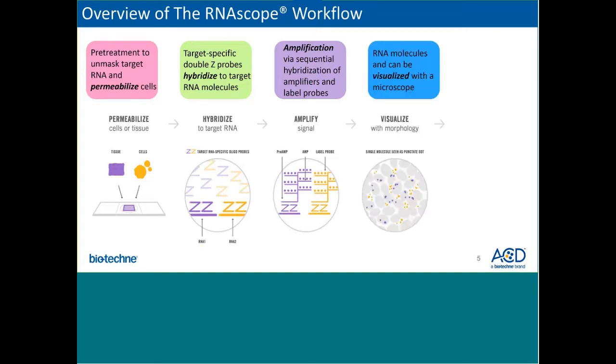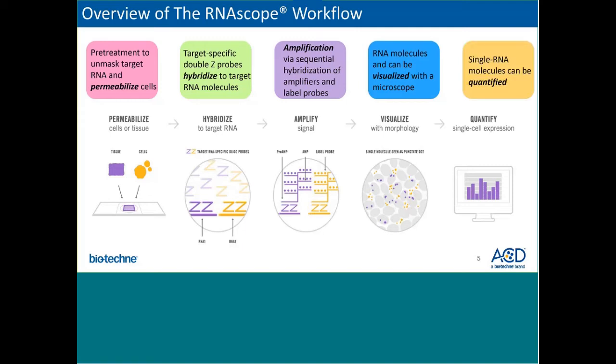Through this method, we are able to localize a tremendous amount of signal to an individual transcript to the point where we can actually detect and visualize individual transcripts as dots in a field of cells. This visualization of punctate dots allows for quantification of gene expression detected by the RNAscope or BaseScope assays.